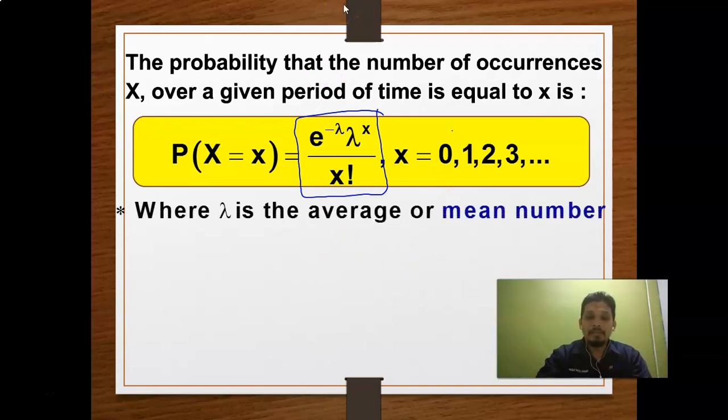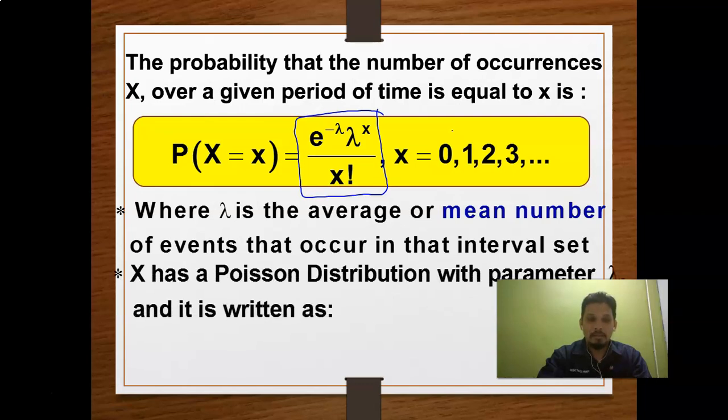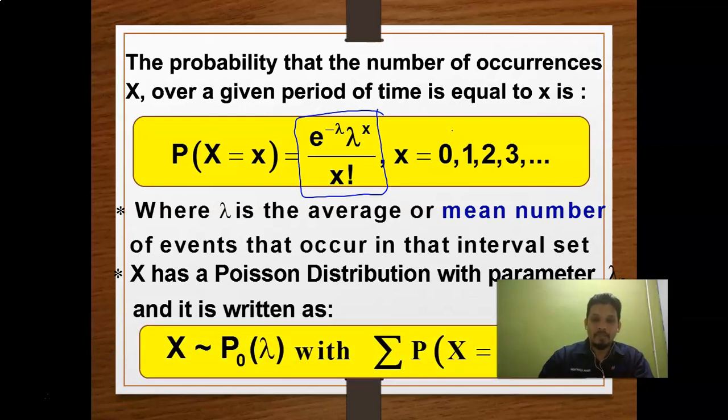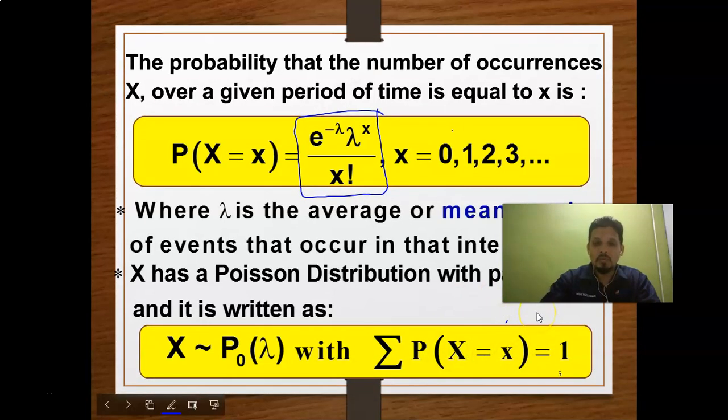Lambda is the average or mean number of events that occur in that interval. So we write x is Poisson distributed with parameter lambda, and the summation of all the probabilities is equal to 1.